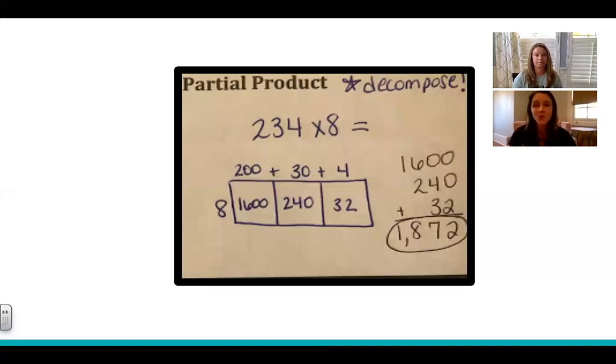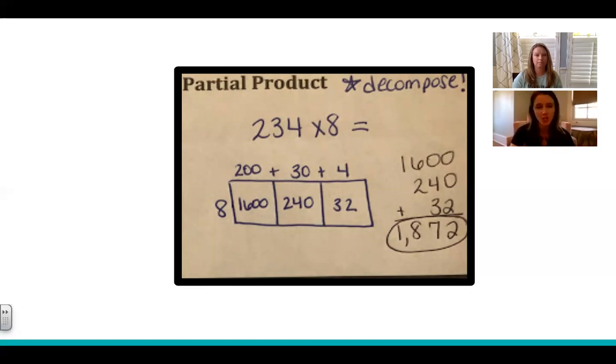Your hint is to decompose the numbers based off of where the digits are sitting in their place value. So you decompose 234 into 200 on the top, 30 on the top, and then the 4. If you were to add that back up, it would be 234. Yep, we did that right. And then you're multiplying all of those pieces, the partial products, by 8.